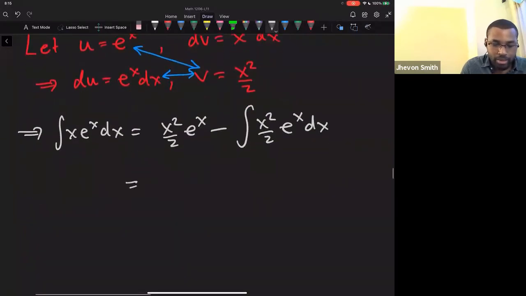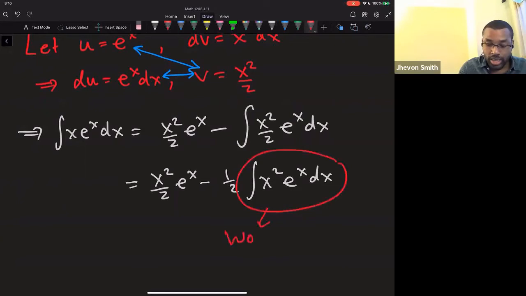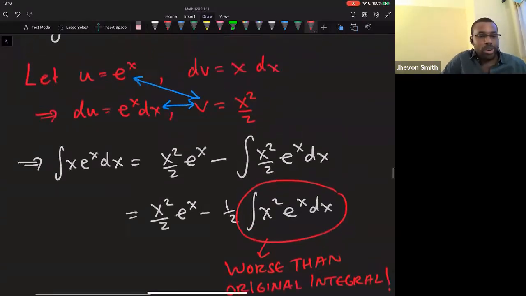In other words, I have now x squared over 2 e to the x minus 1/2 x squared e to the x dx. Now, what you notice about this guy is he's worse than the original integral. Before, I only had an x times e to the x. Now I have an x squared times e to the x. I literally just made it more complicated. There's no way that was the right move, right?